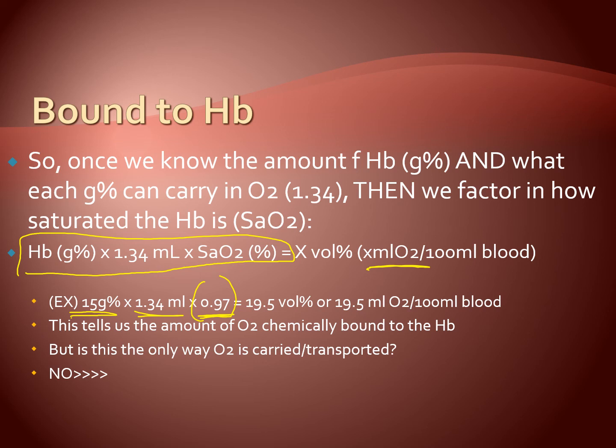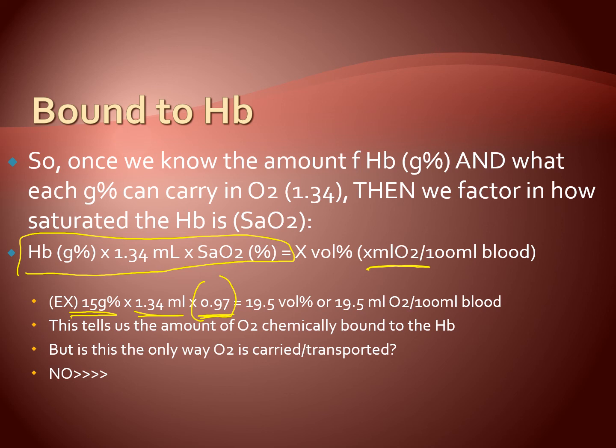So with this equation, the percent goes in decimal form. In this patient, we take 15 times 1.34 and then take that times 0.97. That gets rid of that 3% that anatomically is shunting.